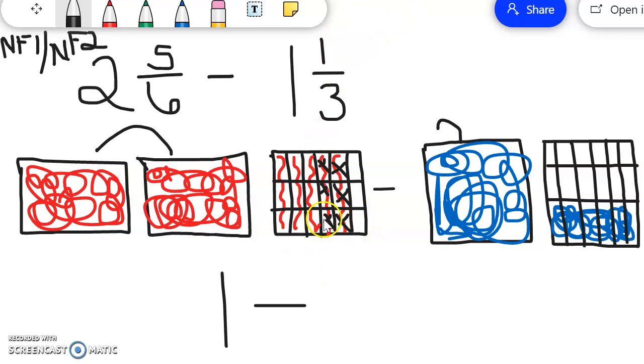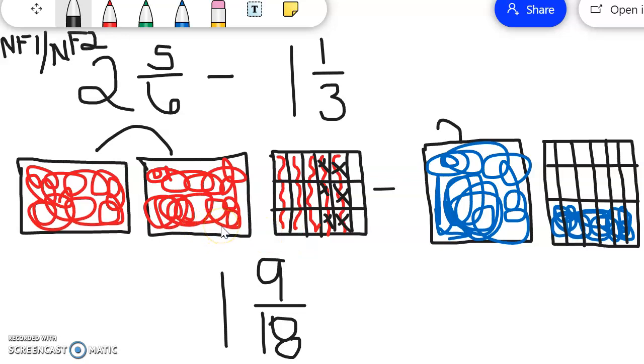So 1, 2, 3, 4, 5, 6, 7, 8, 9, 10, 11, 12, 13, 14, 15, 16, 17, 18. And then how many don't have X's on them? So that's 3, 6, 9. So that's 1 and 9/18.